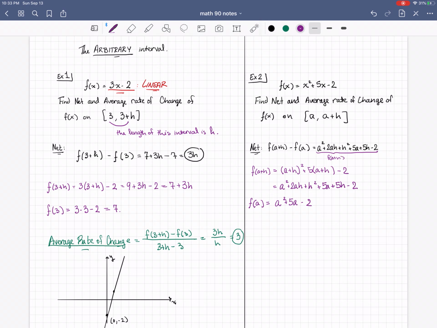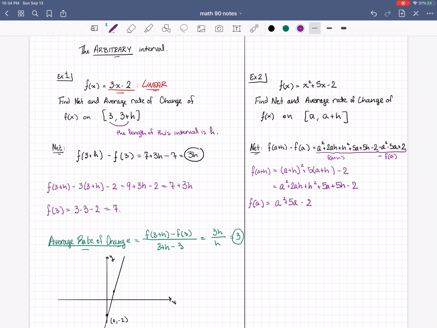And then we're subtracting f of a. So again, like I said a moment ago, make sure that you're subtracting all of f of a. So the minus distributes through. So what you have here is minus f of a. So you're distributing that negative through.